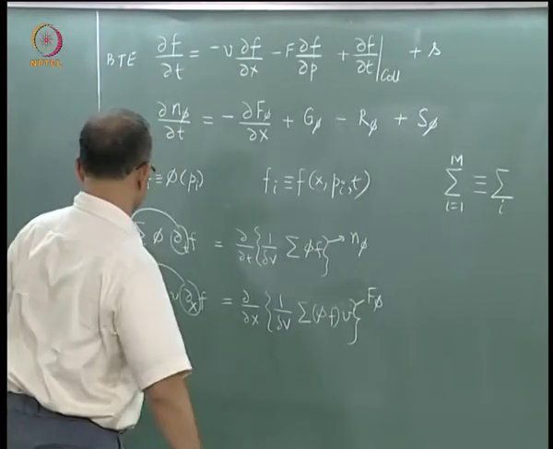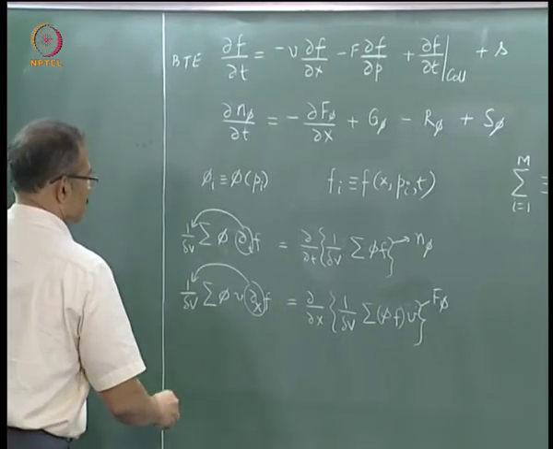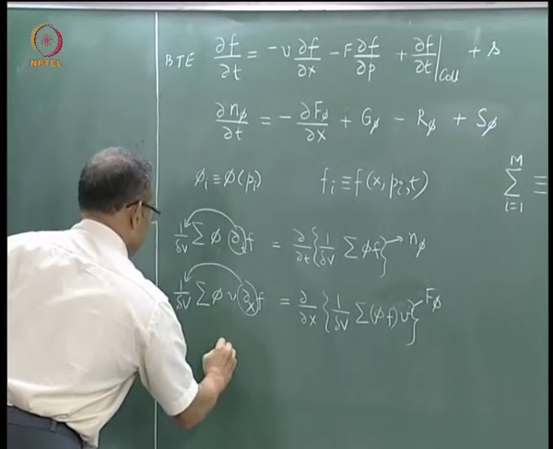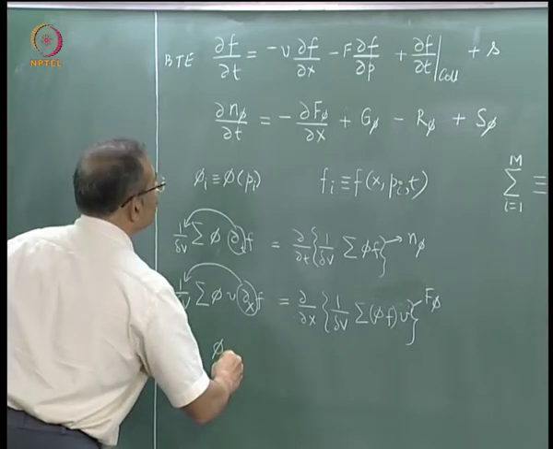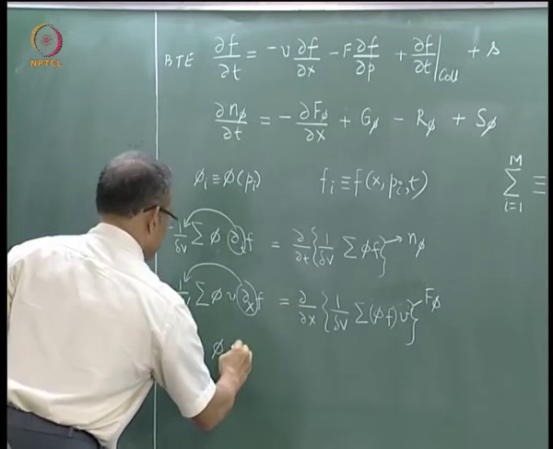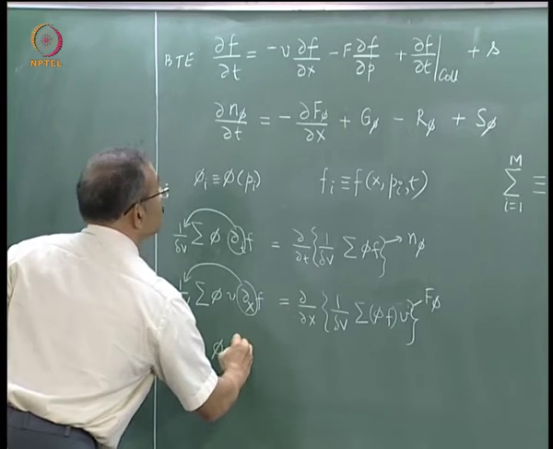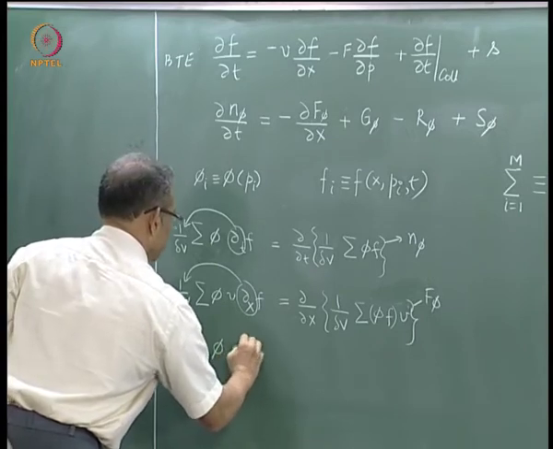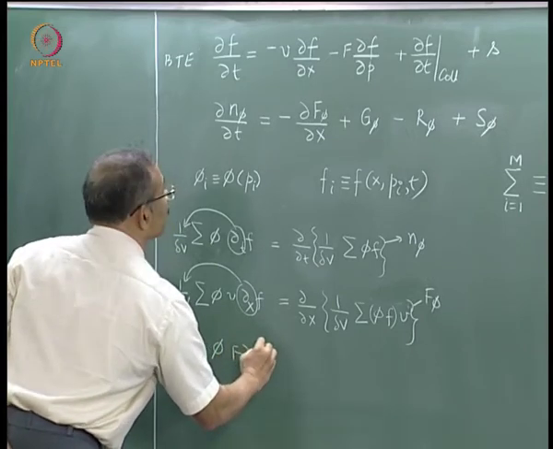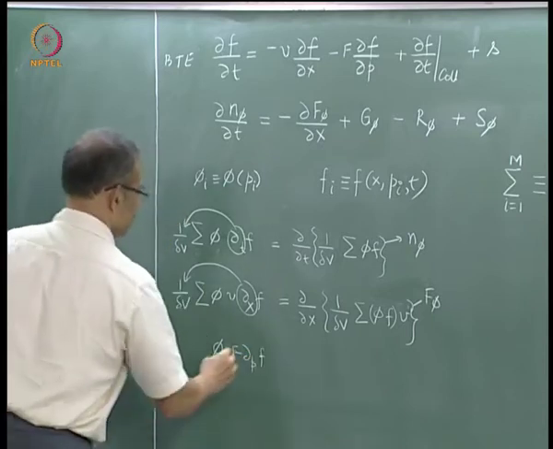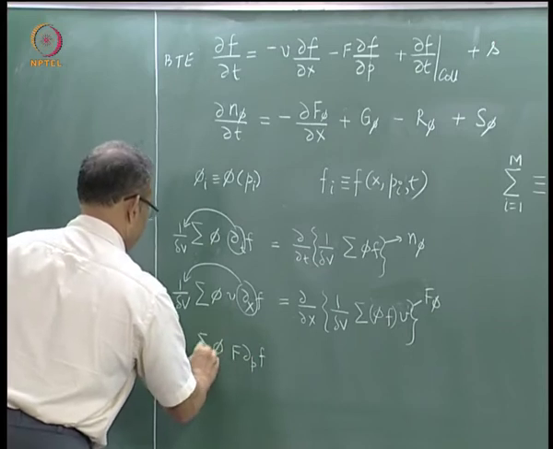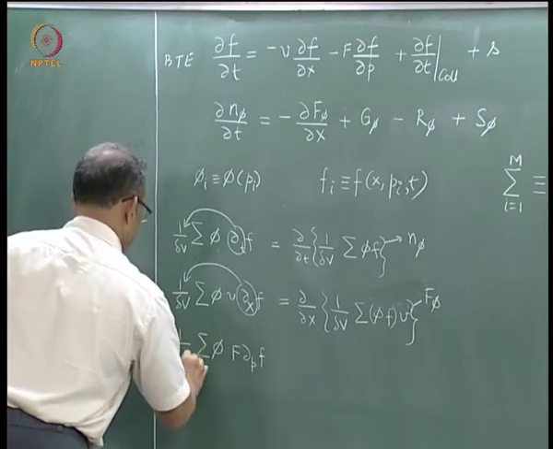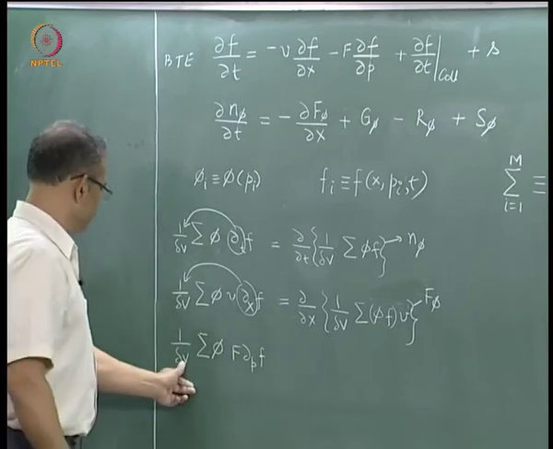Now let us take the third term. Again multiply by phi, and you have F dou by dou p of f, sigma, divided by delta v here.